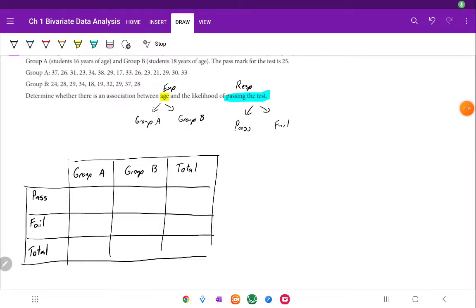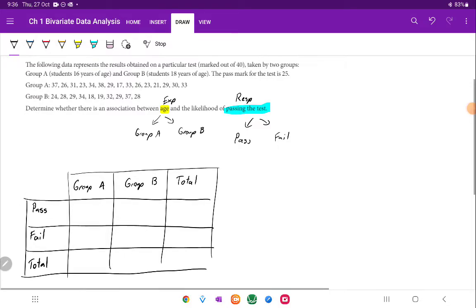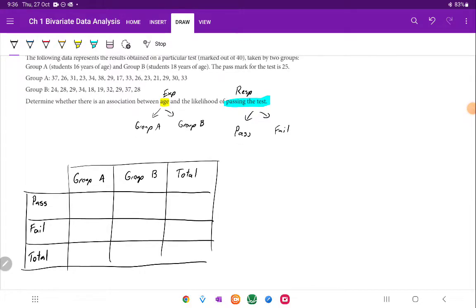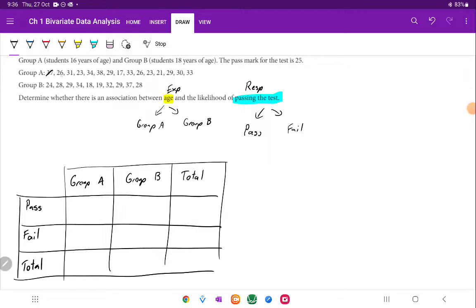Alrighty, so we can now go through and work out how many people passed and how many people failed from each of these. You'll notice I've put age on the top, being the groups, and then pass and fail on the left. So let's count how many passed. Well, from Group A, 37 is a pass, 26 is a pass, 31 is a pass, 23 is a fail, 34 is a pass, 38 is a pass, 29 is a pass, 17 is a fail, 33 is a pass, 26 is a pass, 23 is a fail, 21 is a fail, 29 is a pass, 30 is a pass, 33.